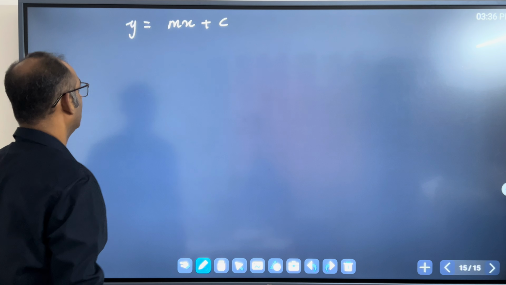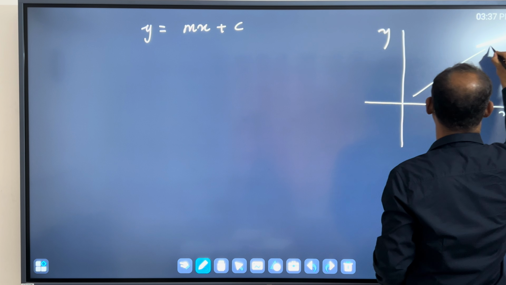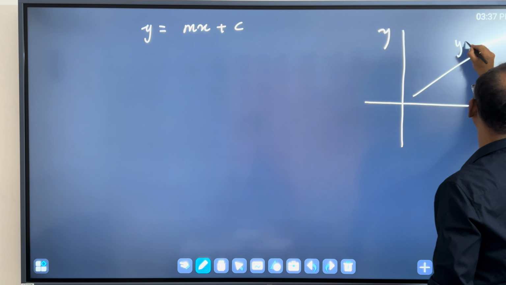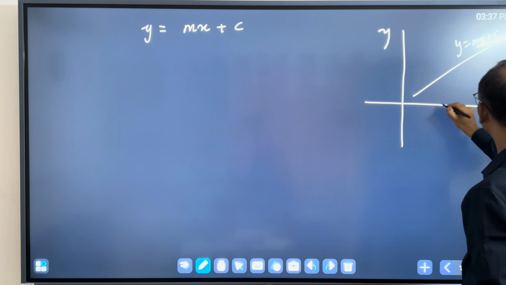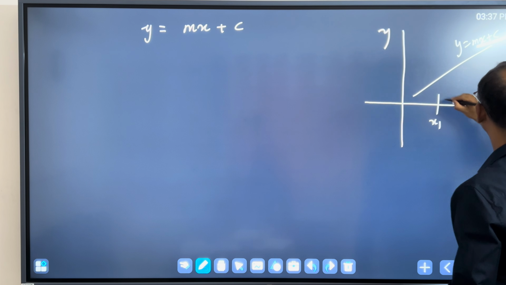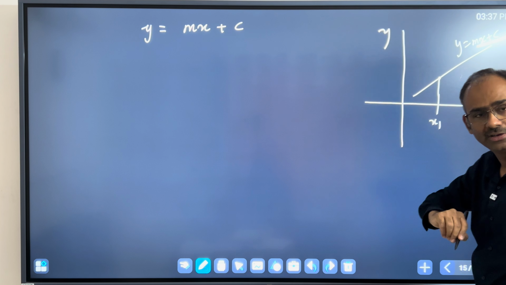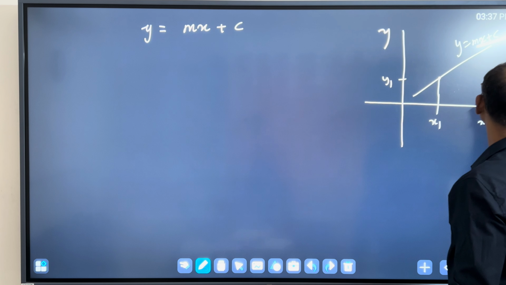You take this straight line, which is given by y equal to mx plus c. Now take some point x1, take another point x2. Look at what is the value of the function here. It's y1. Here it is y2.